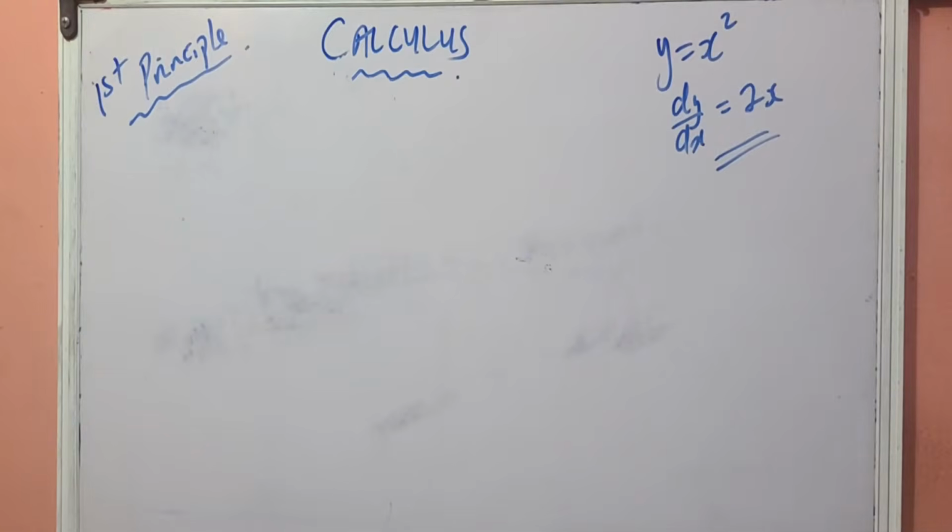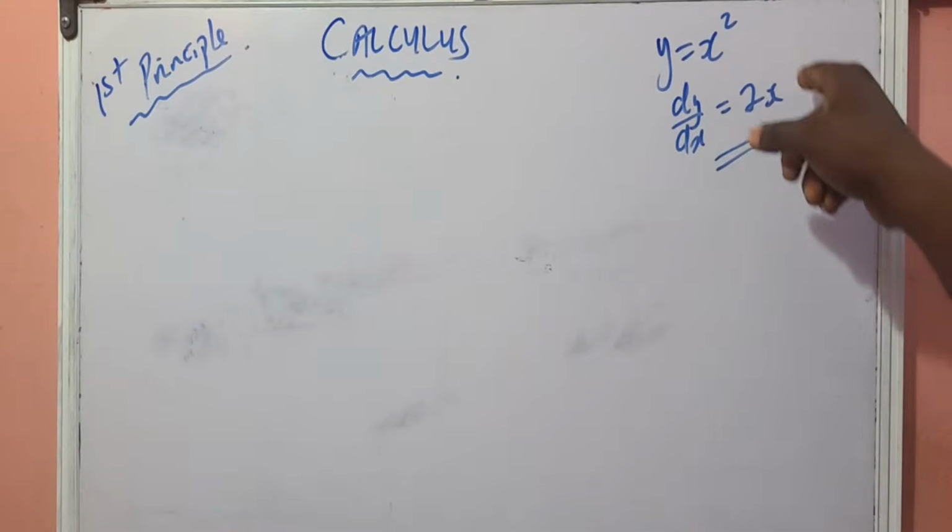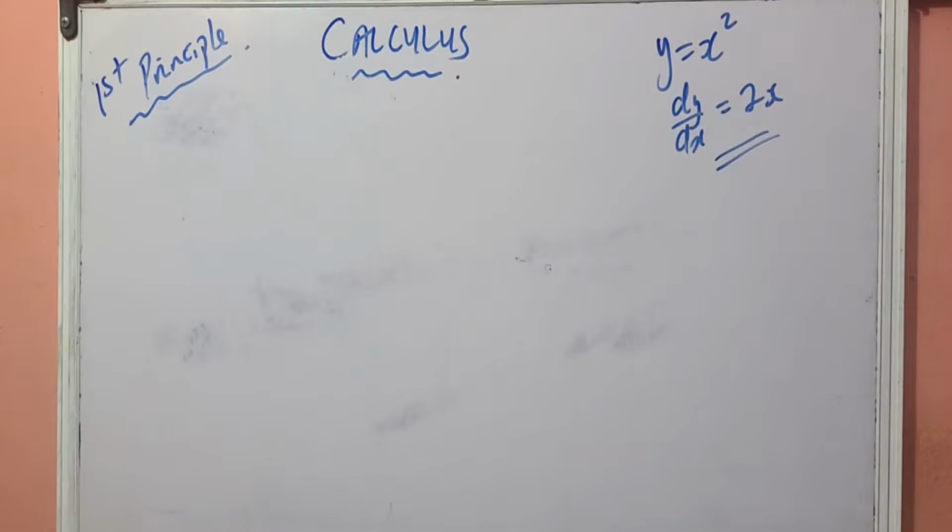Just 2 lines. But if you're told to make use of first principle to do the differentiation, you are not permitted to do this. You must go through the whole step according to the first principle. So that's what we want to spend time with today, and we'll see how far we're able to go with it.